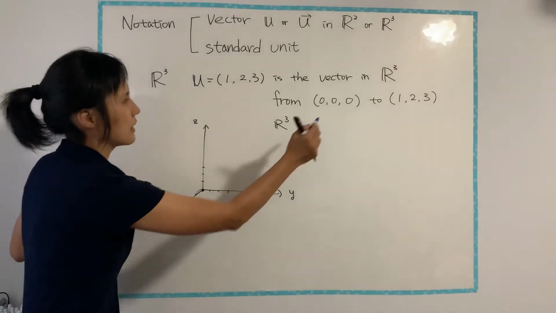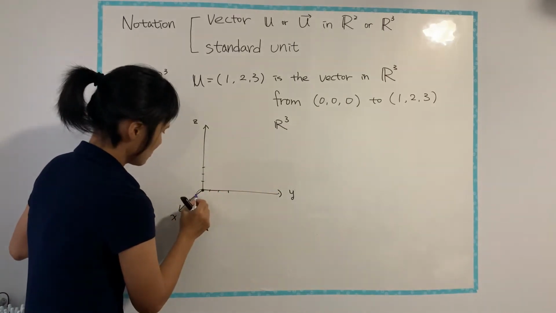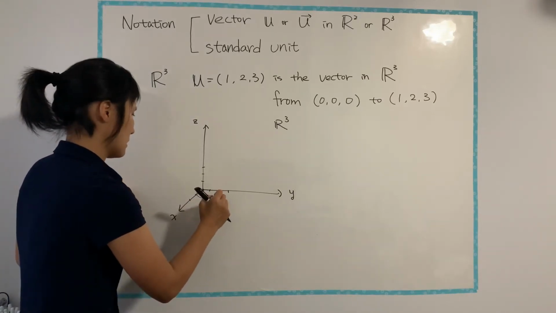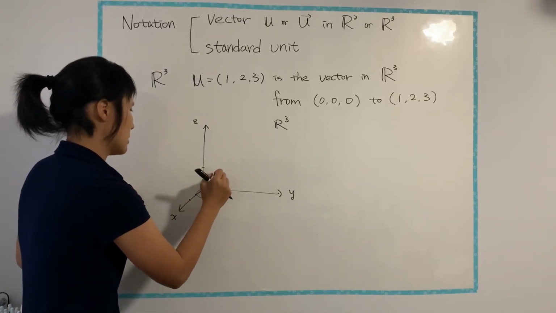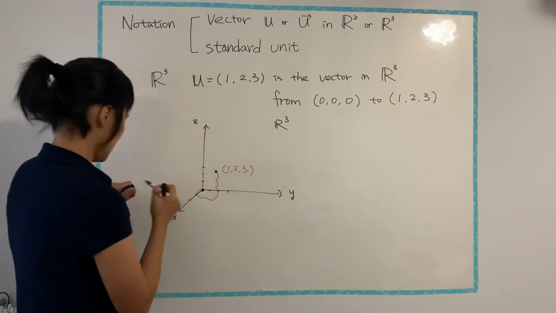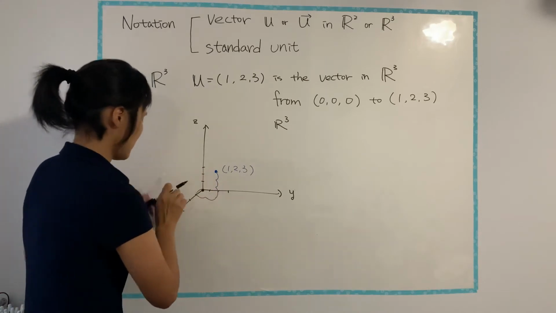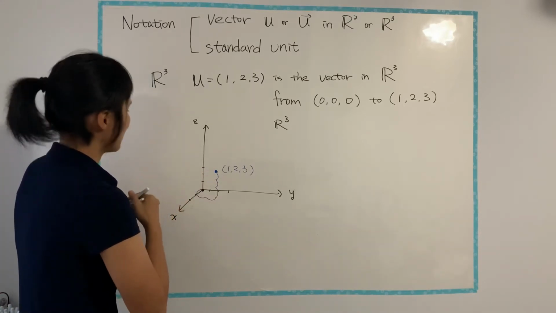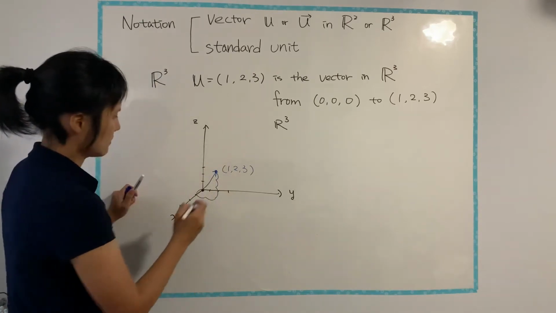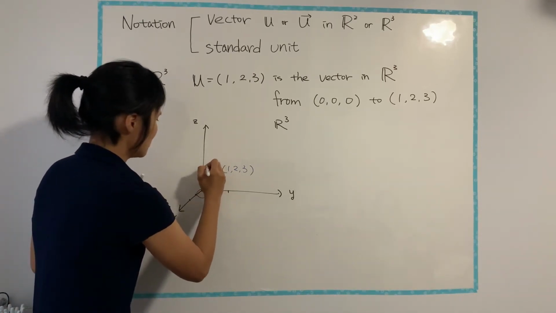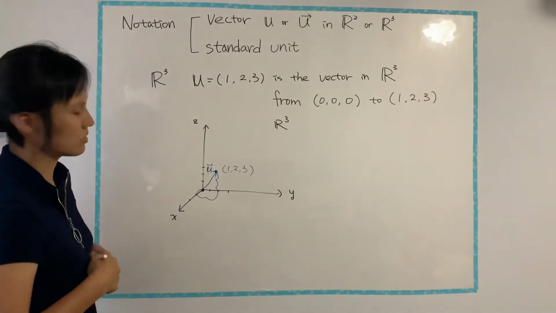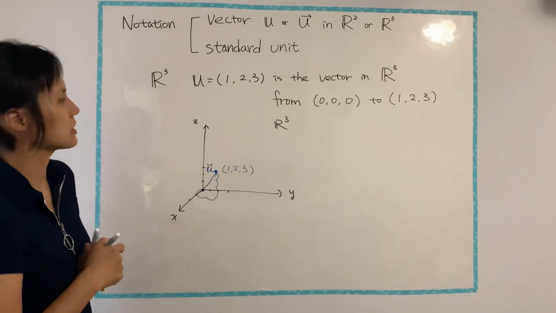Right? And goes along the y direction 2 units and goes up by 3 units. So this is the point (1, 2, 3). Okay, therefore the vector I have here is this one, vector u, from (0, 0, 0) to the point (1, 2, 3). That's the vector (1, 2, 3). Okay.